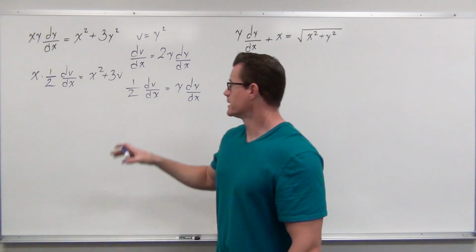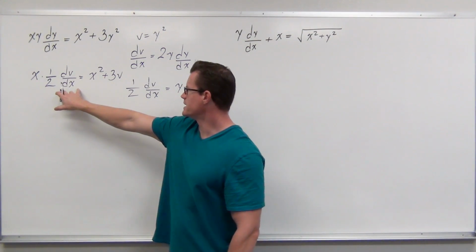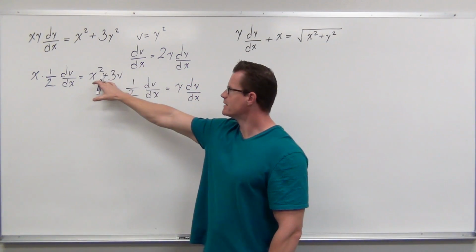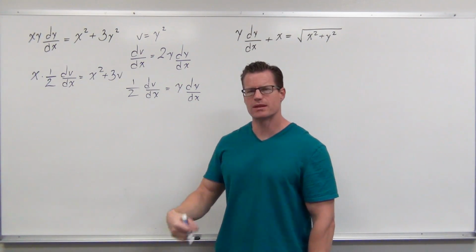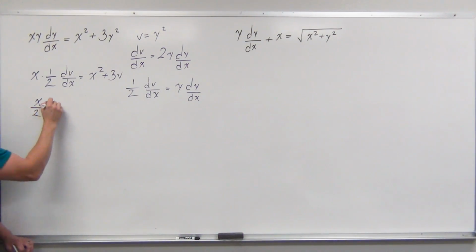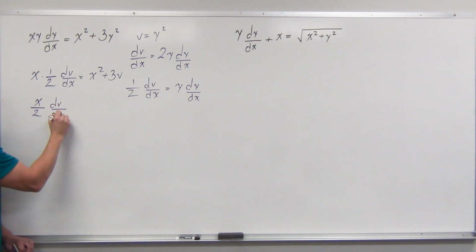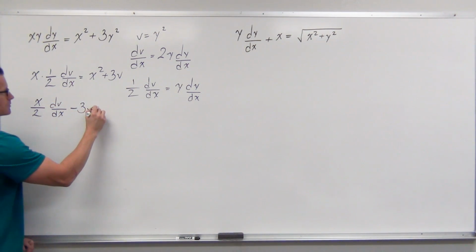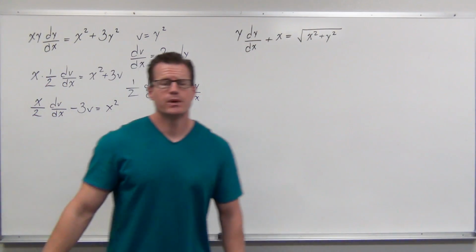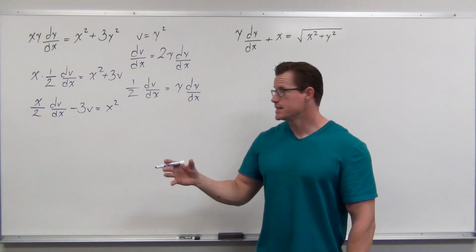Now, it's still linear, so we have a dv dx, we have v to the first power, no other cases of v, it's added to that x squared, so let's go ahead, let's write this in linear format. Pretty close, but we know that with linear we want that dv dx by itself.